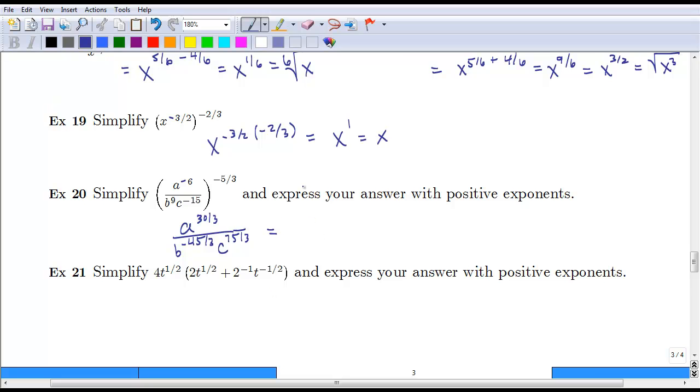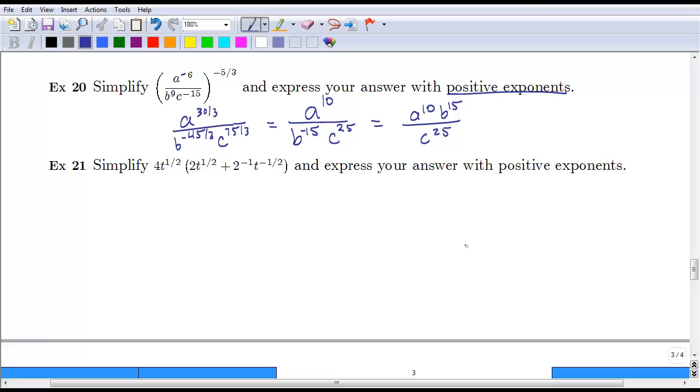There's no need to leave them in this form. 30 divided by 3 would give us simply 10, so that's a to the 10th. 45 divided by 3 would give us b to the negative 15th. And 75 divided by 3 would give us c to the 25th. The last thing we want to do is to make sure that we have positive exponents. And so this is going to be a to the 10th, b to the 15th, over c to the 25th.